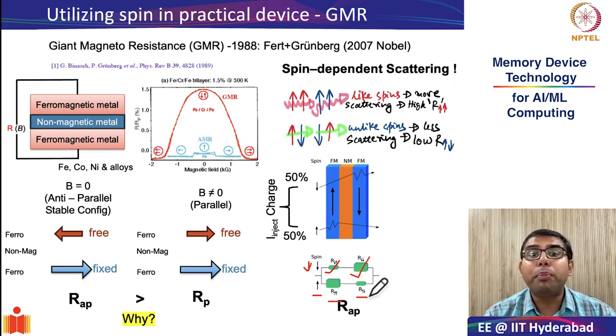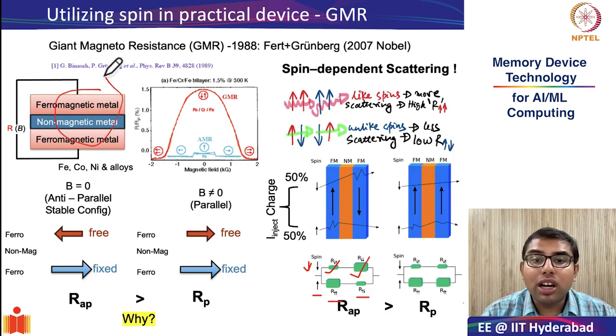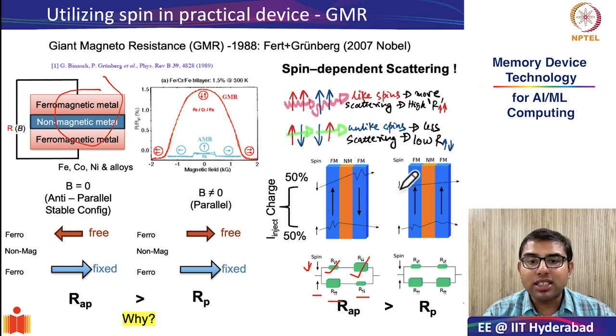Now let's see what happens when the same charge current is injected through this device when it is in parallel configuration. When it is in parallel configuration, it is easy to understand.